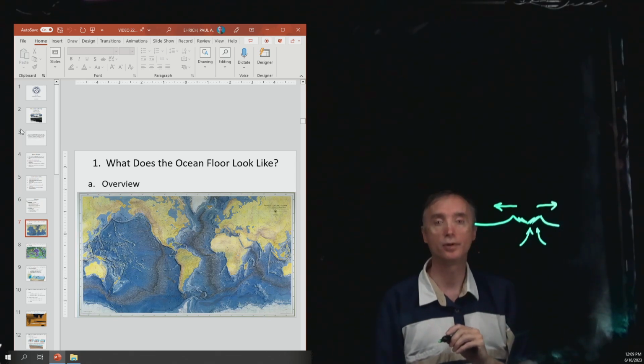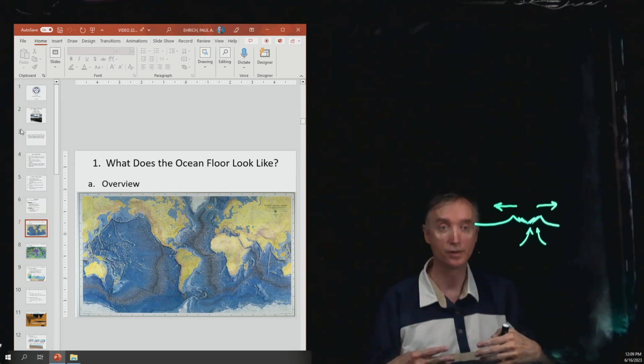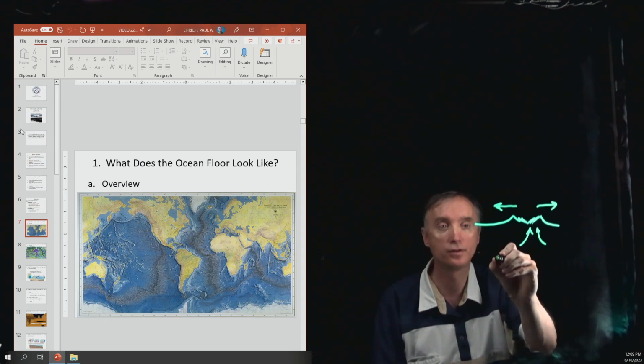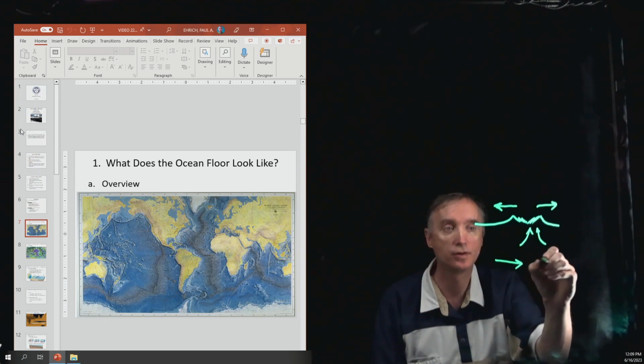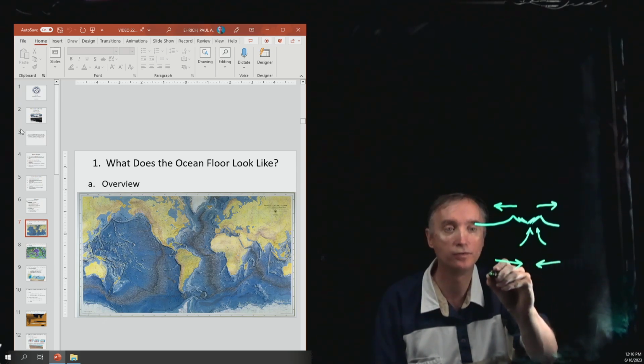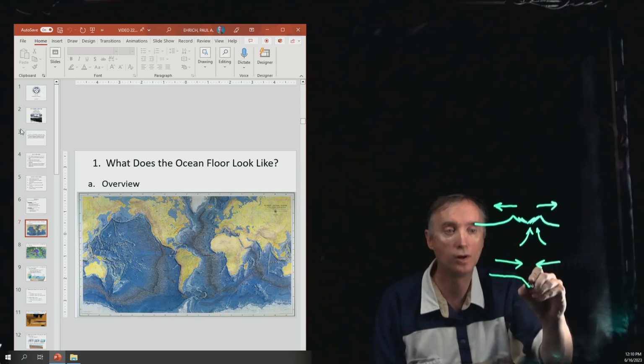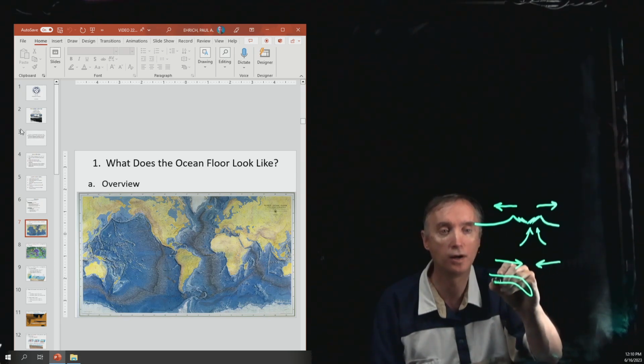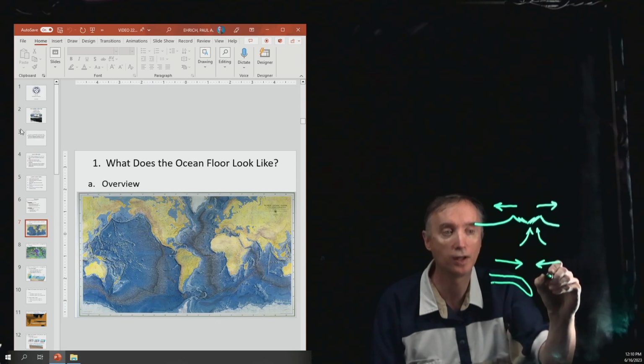Then you could also have places where two ocean plates were being pushed together, and then that was going to be called convergence. And so if they're being pushed together, then what we found was that one of the plates would go underneath the other ocean plate.